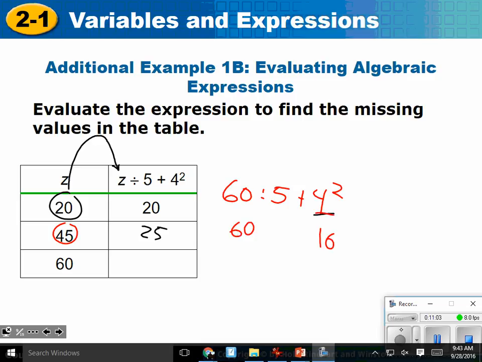We got 60 divided by 5 plus 16. That goes next. 12 plus 16 is 28. 28 goes there. Okay? Please show your work. You have to. I've got to see where you went wrong if you went wrong. Okay?